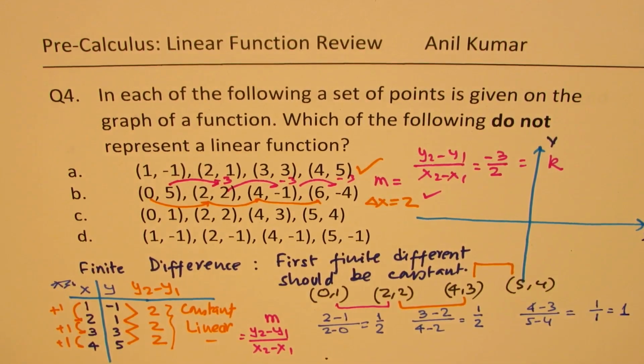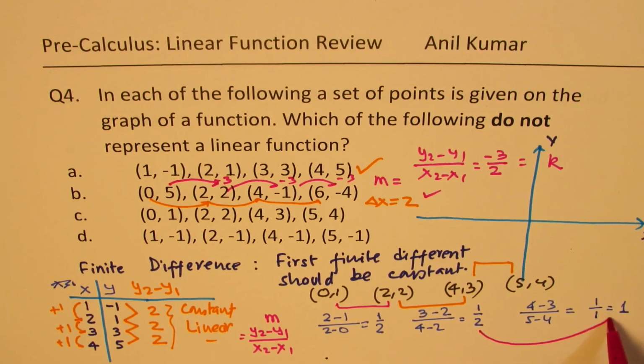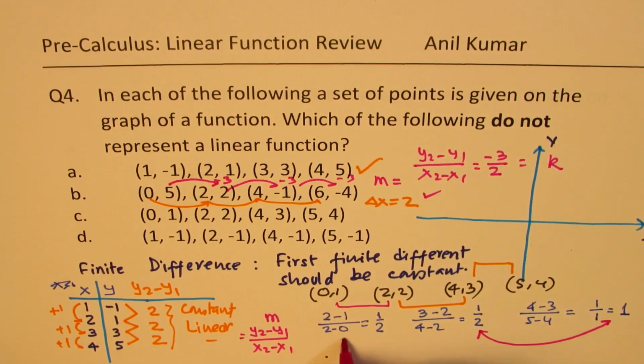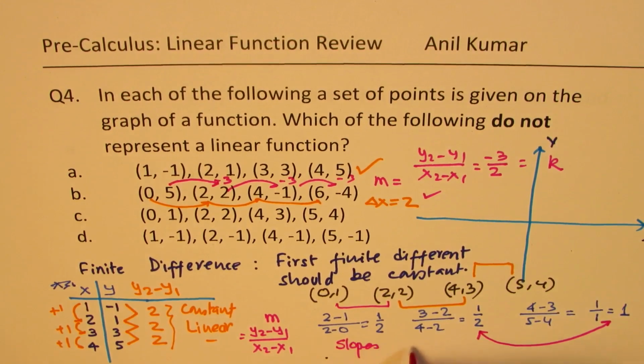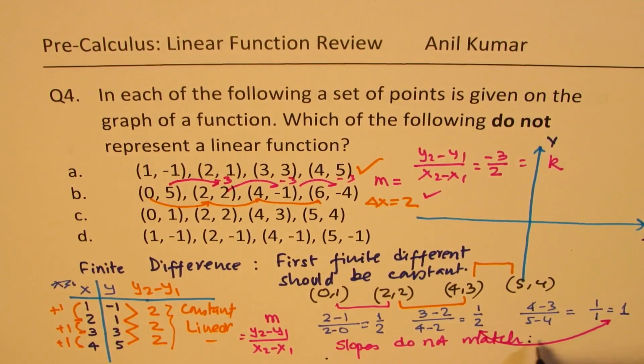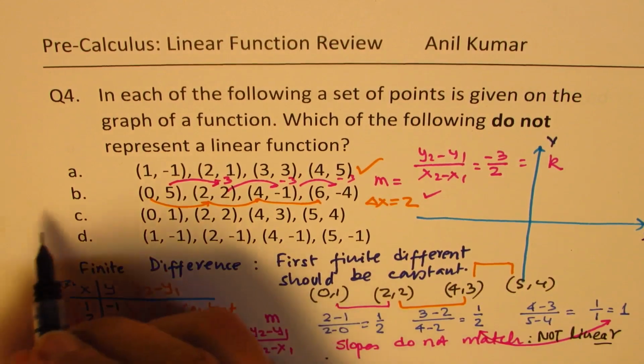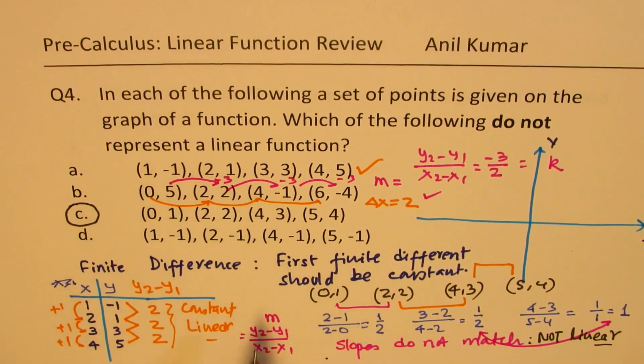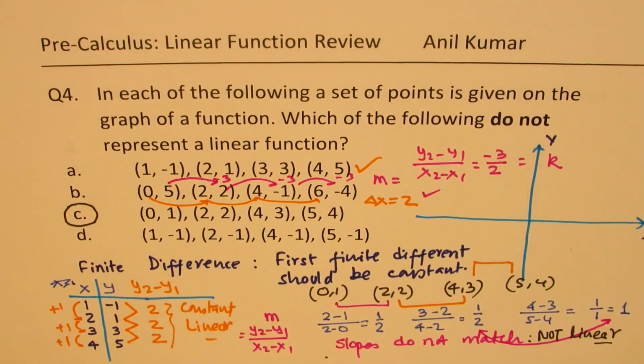Now this slope is not matching, right? Do you understand? So that means it is not linear. That is the correct answer. Now let's look at the last one.